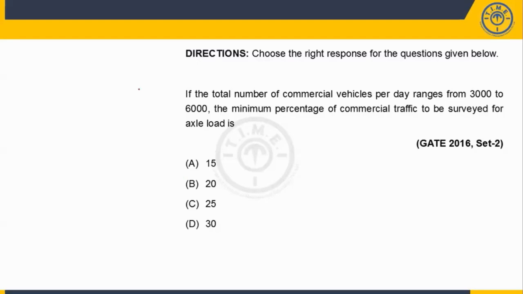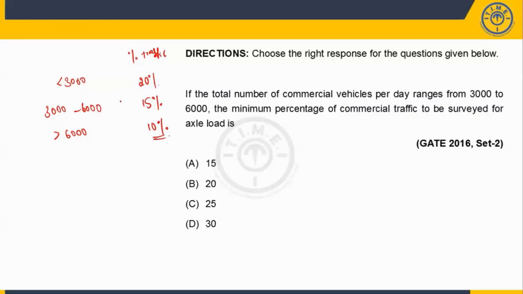If commercial vehicles are less than 3,000, the percentage of traffic surveyed should be 20%. If the vehicles lie between 3,000 to 6,000, we can survey only 15%. If the vehicles are greater than 6,000, we can go for only 10% of the survey.